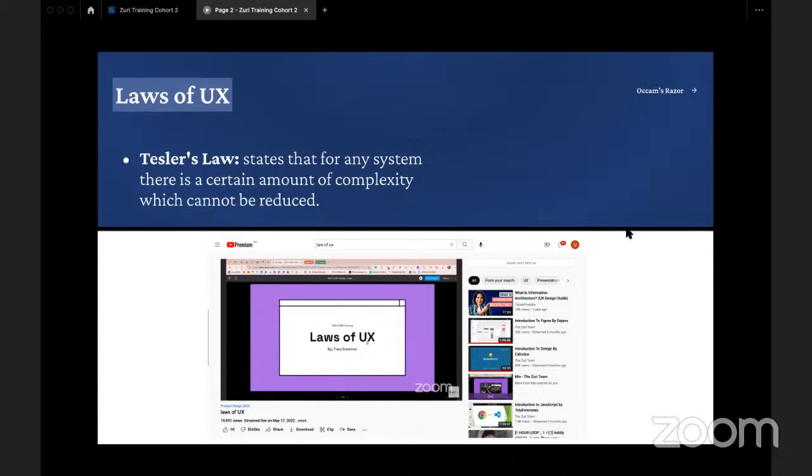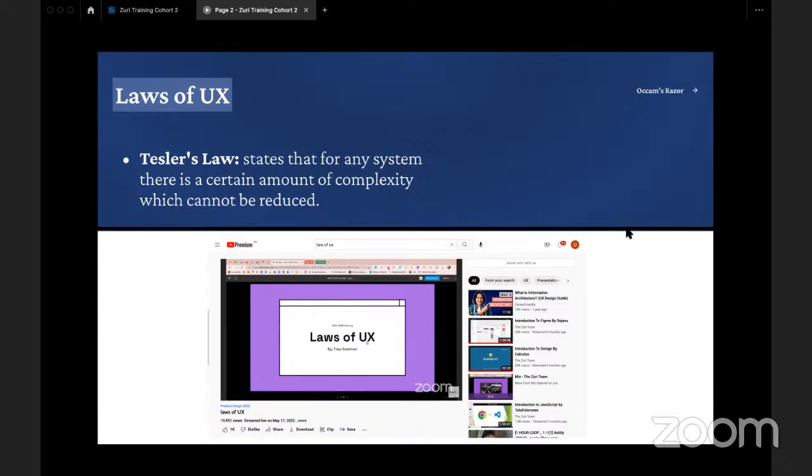Somebody asked on Slack that we don't really understand what Tesler's law is. Looking at my screen, you can see a short explanation of what it is and also a pictorial example. What Tesler's law says is that for any system, there's a certain amount of complexity that cannot be reduced.